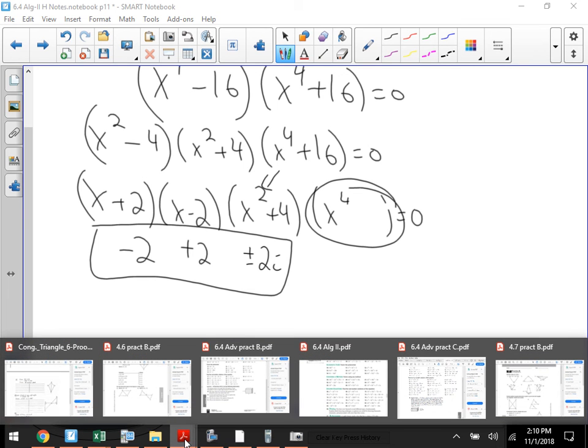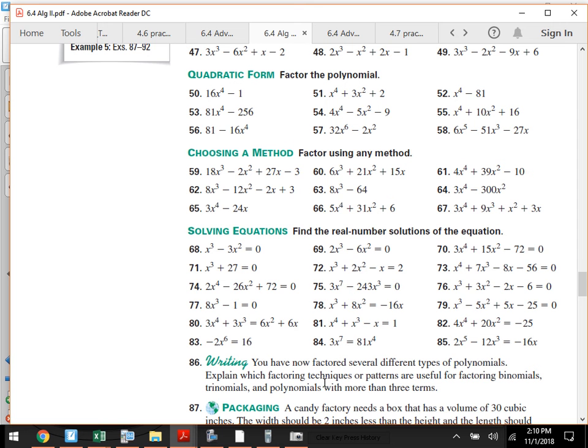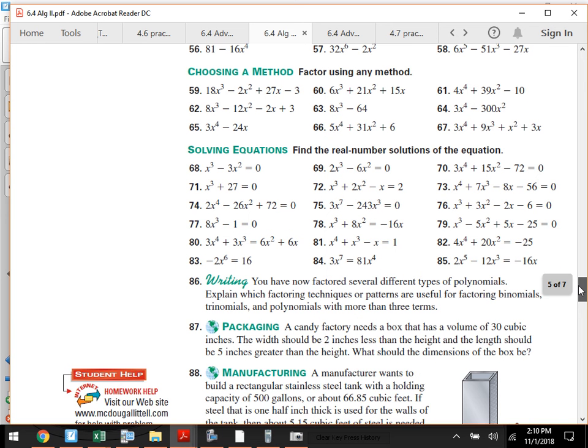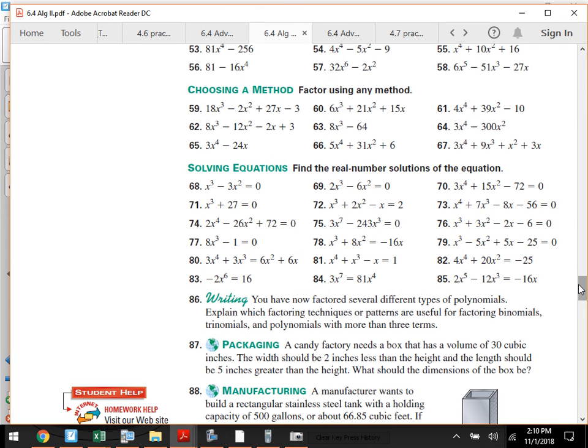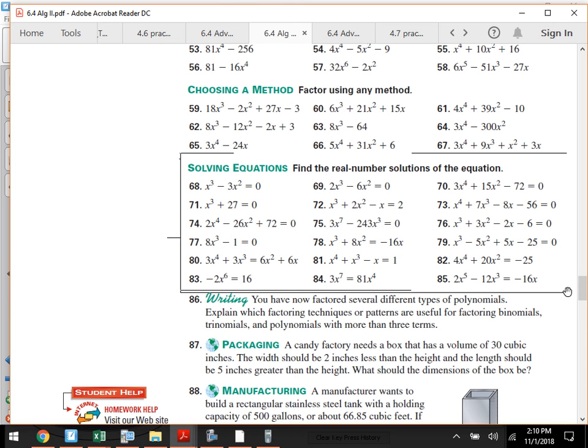So, same page from last night, same section. I already posted, didn't I? Was it 69 to 85? Then I want you to do 88. 69 to 85 odds. And then 88 is the word problem one, which is basically straight calculator work.